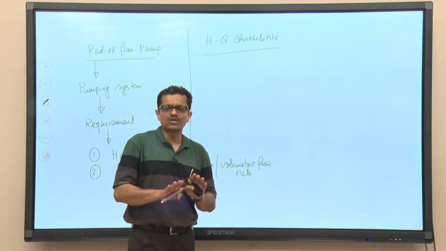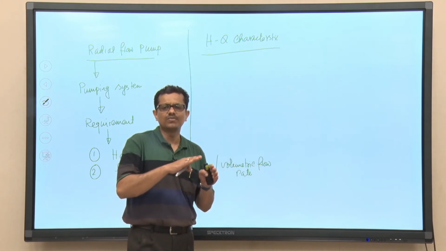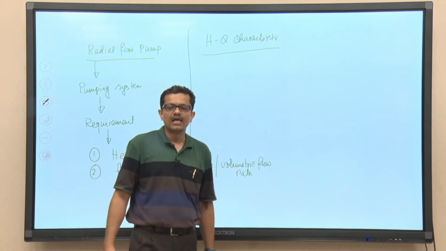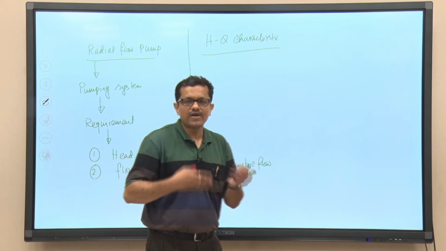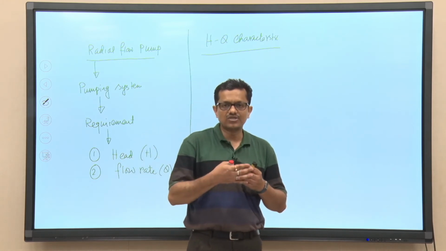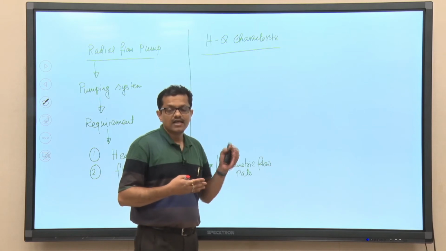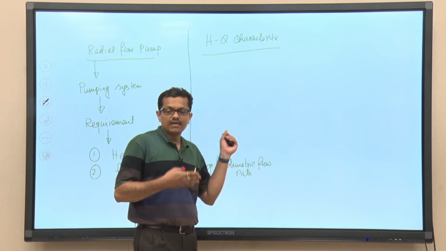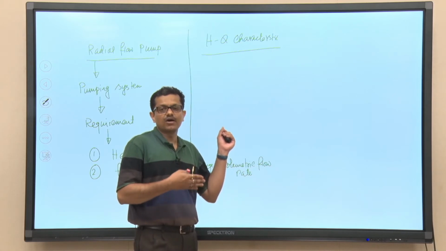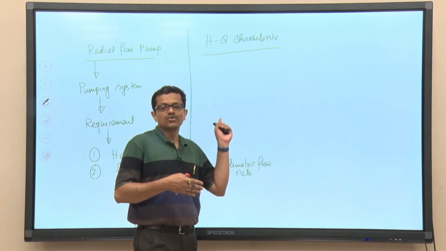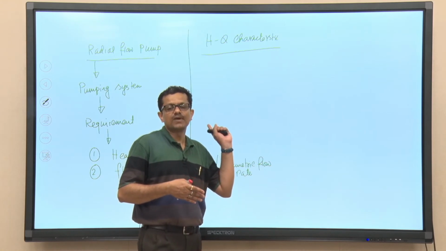The pump designer will consider those and will be able to design the pump. After the pump is manufactured, the pump should be tested to check whether the pump is capable of providing the desired quantities that were considered during the pump design or not.